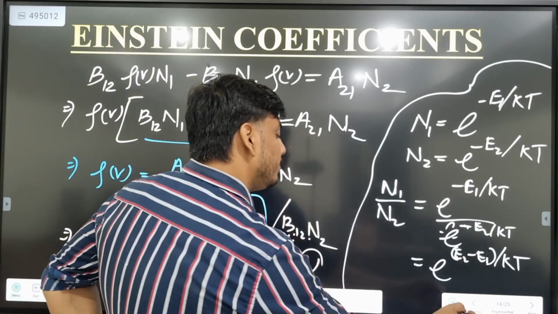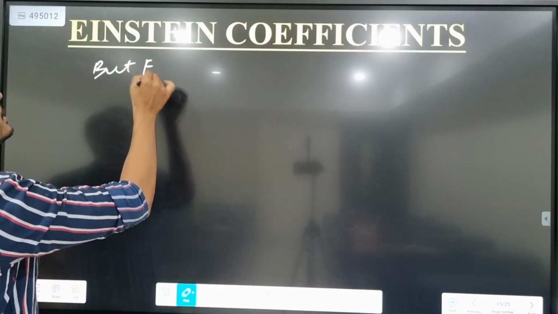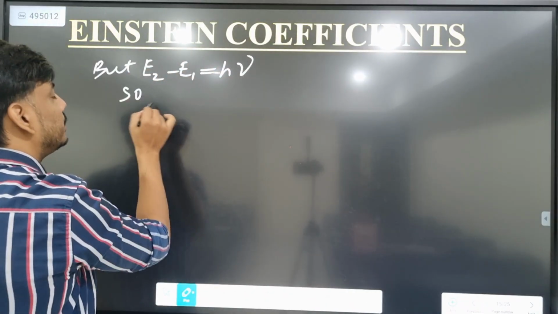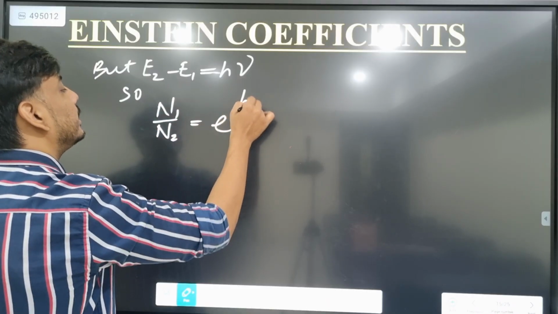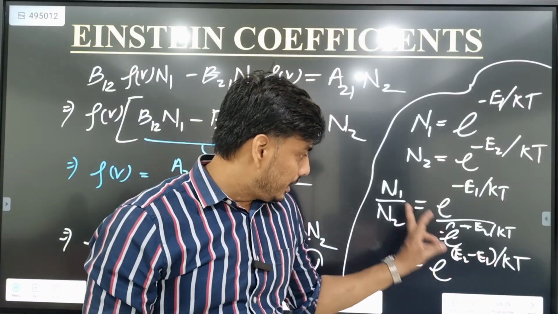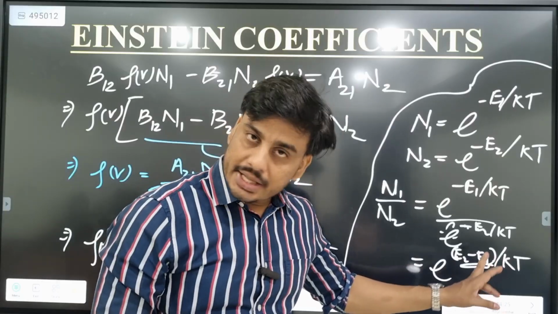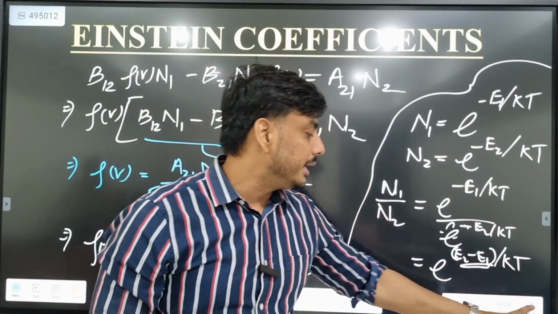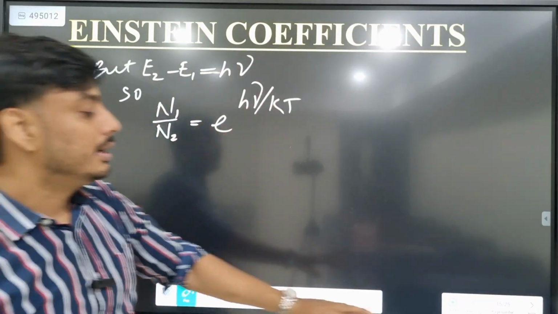But E2 minus E1 is nothing but h nu, the energy difference between energy state 1 and energy state 2. So we get N1 by N2 equal to e to the power h nu by kT.